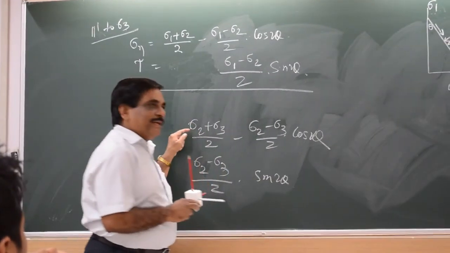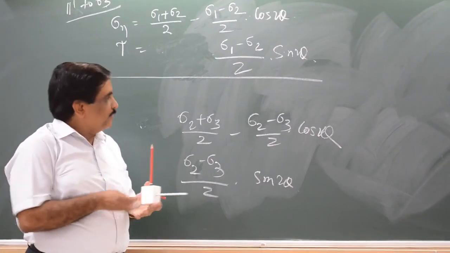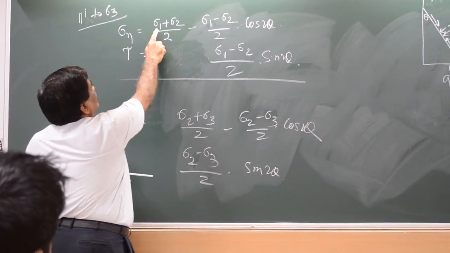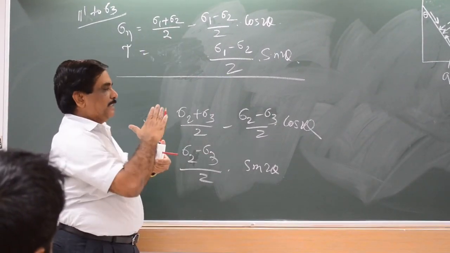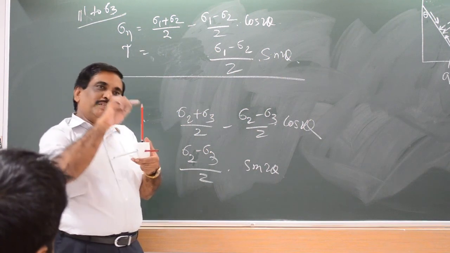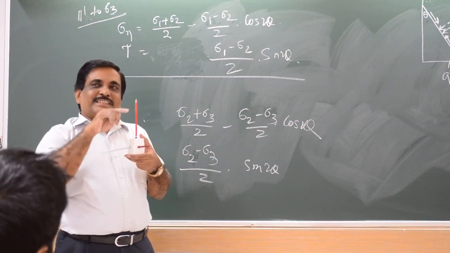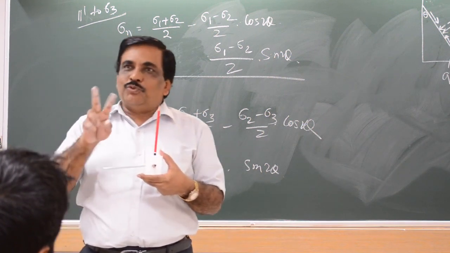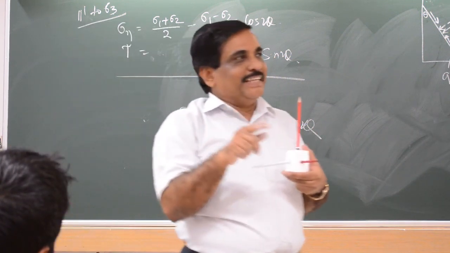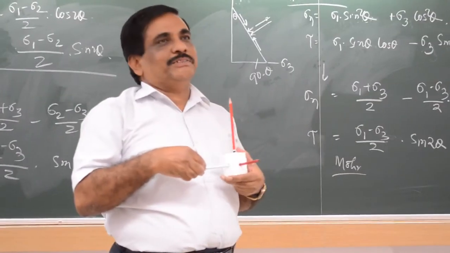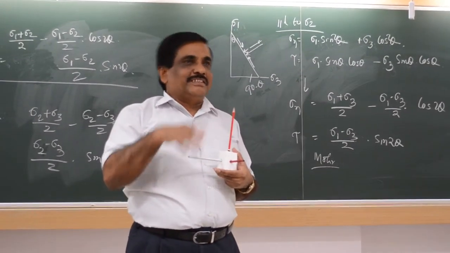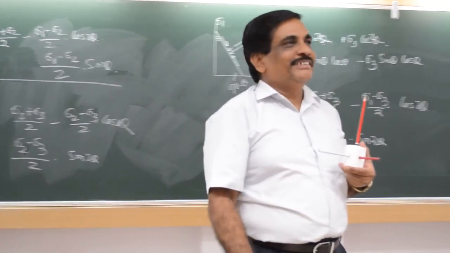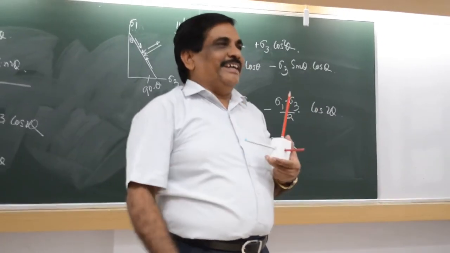This is the angle with the maximum one. For sigma 1 and sigma 2, the angle with the maximum one is theta. Similarly for sigma 2 and sigma 3, the angle with the maximum one is theta. For sigma 1 sigma 3, the angle is with sigma 1. For sigma 1 sigma 2, the angle is with sigma 1. For sigma 2 sigma 3, the angle is with sigma 2. That is how the equations will be made.